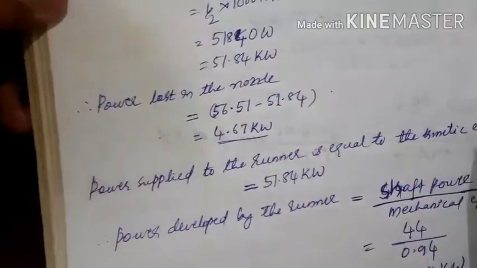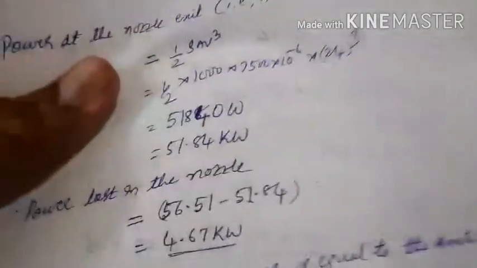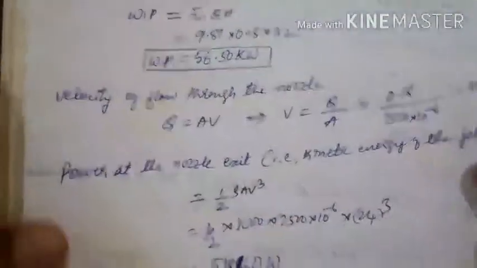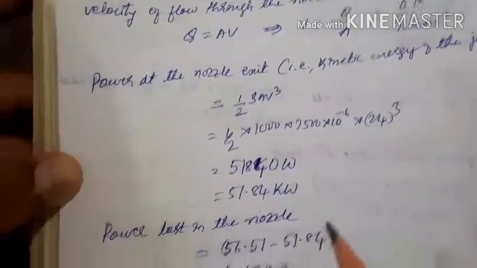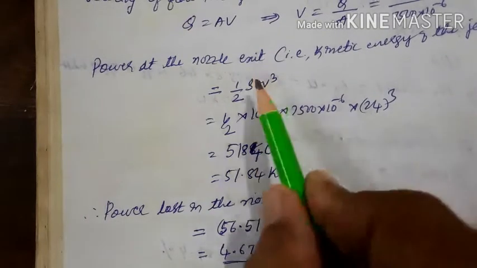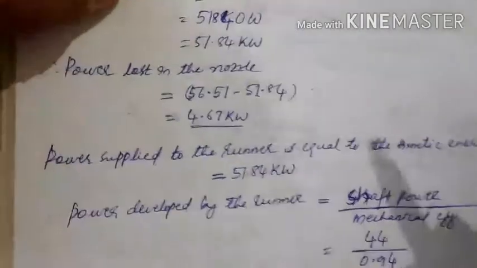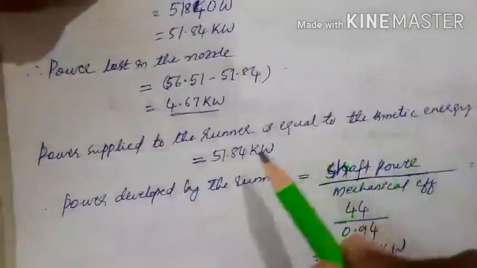Okay, next, the power supplied to the runner is equal to the kinetic energy of the jet. So whatever power is available at the nozzle exit, that same power is being transferred to the runner of the turbine.